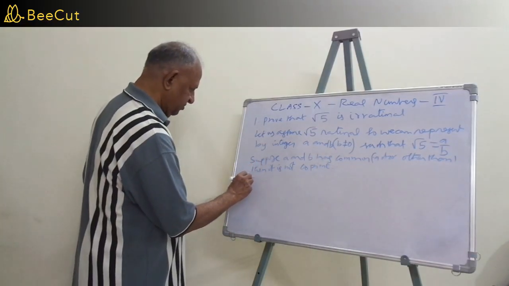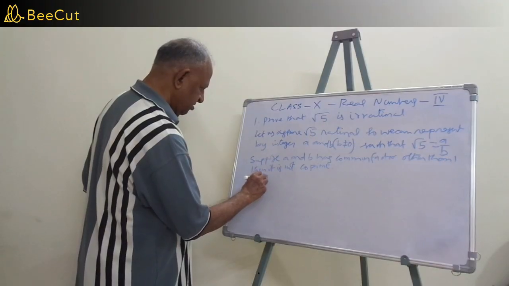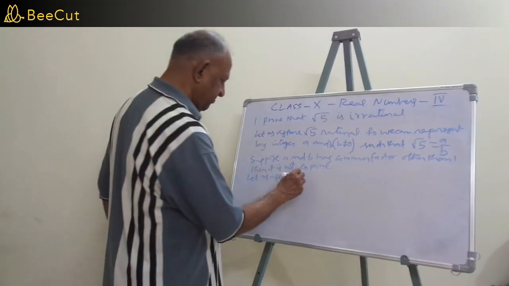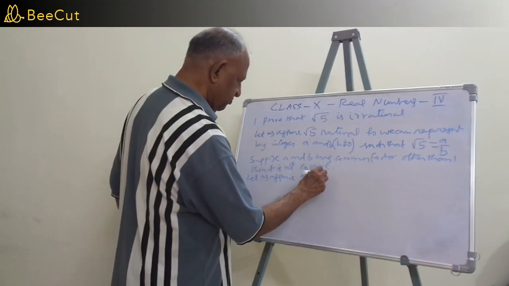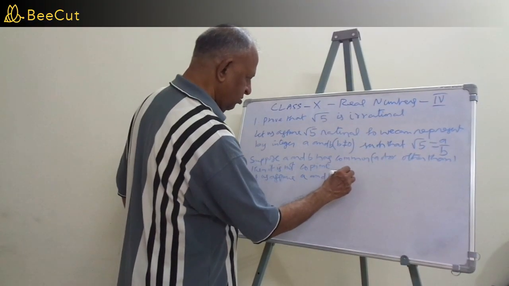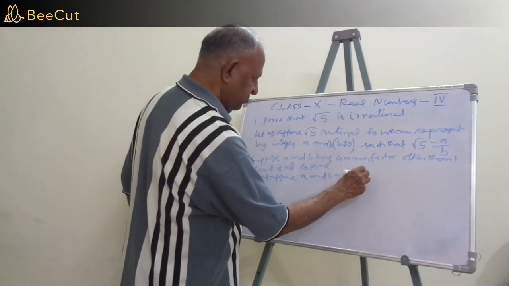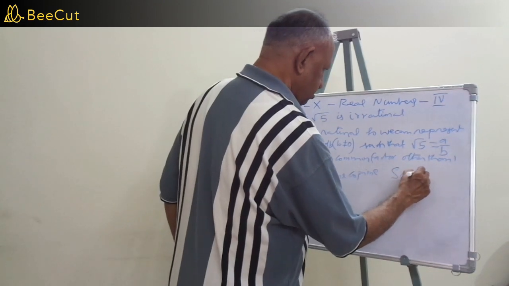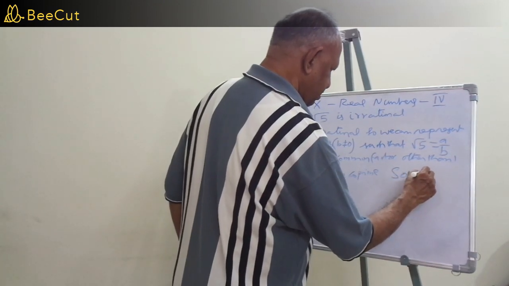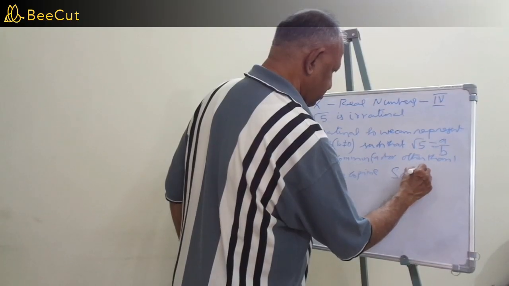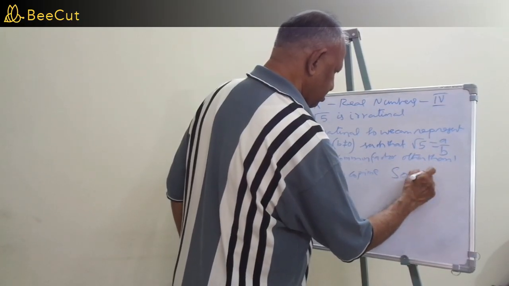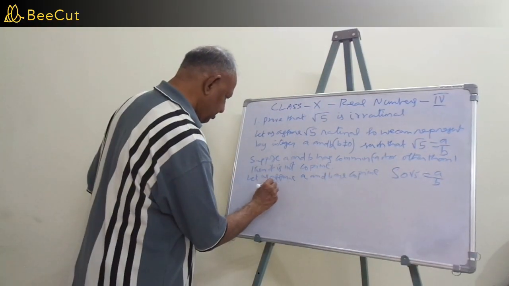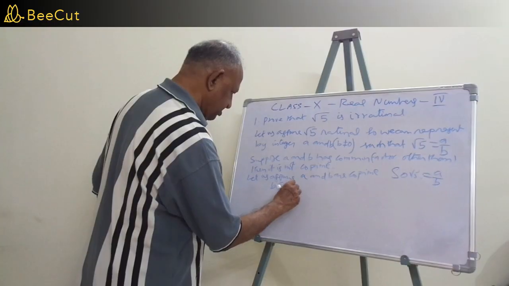Let us assume a and b are co-prime. So b root 5 is equal to a by b, or b root 5 is equal to a.